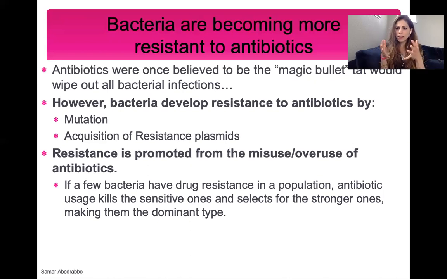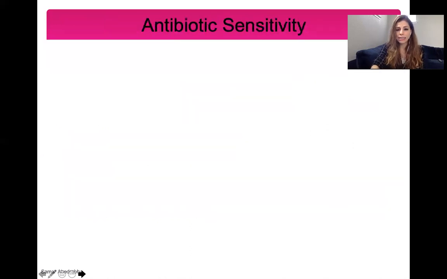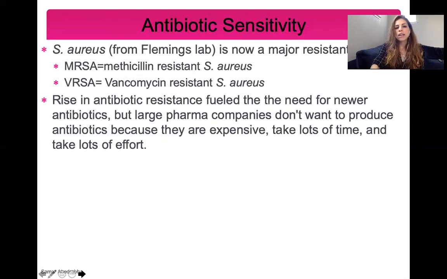If you have a population of bacteria and a few are drug resistant, the antibiotic that you're taking for an infection will kill all the sensitive ones, and then the resistant ones will become the dominant type because they'll have room to grow. This is why we want to be very careful with misusing and overusing antibiotics for infections where it's not necessarily needed.